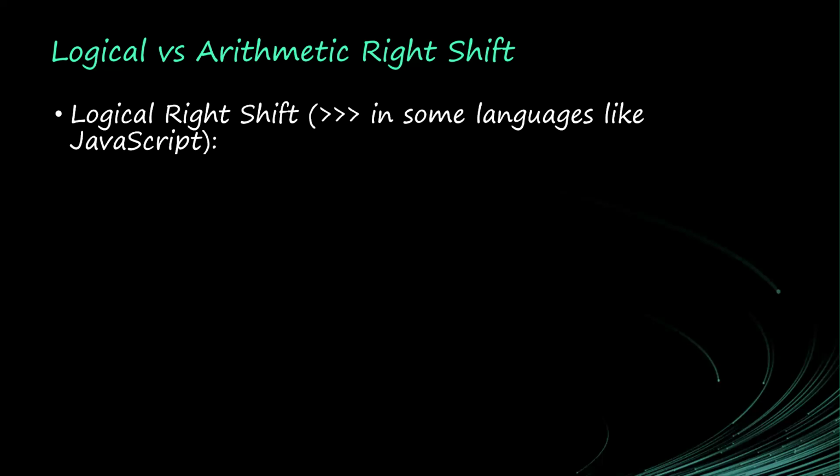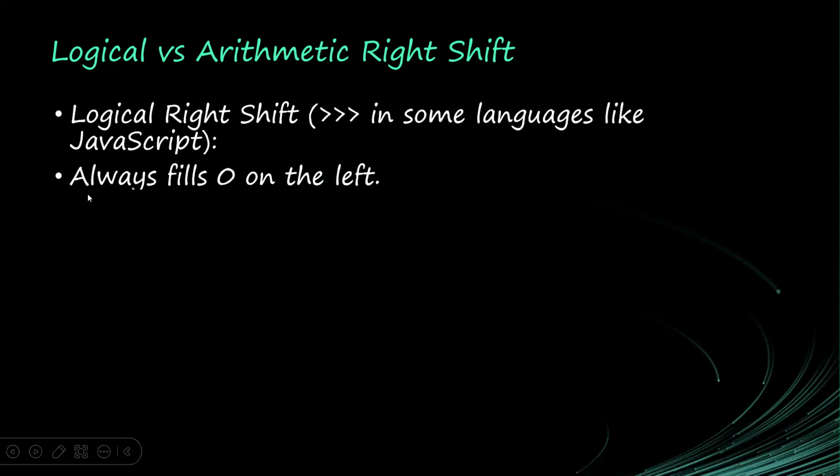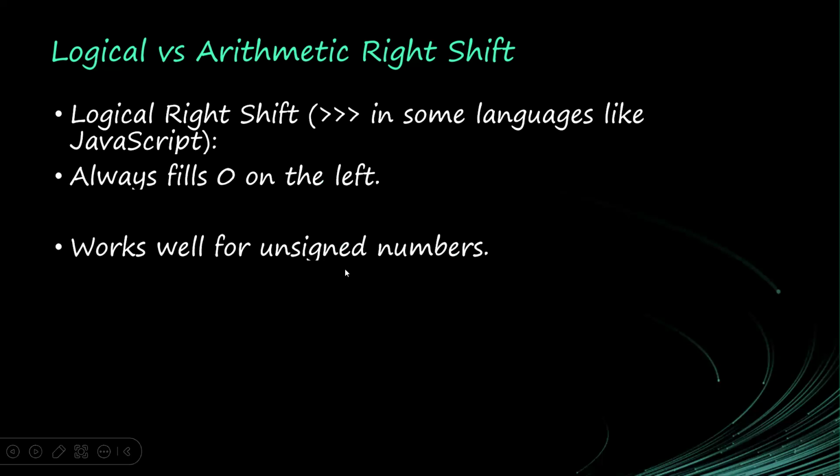Since it doesn't care, it always fills 0 on the left. It works well for unsigned numbers. So if you want to use the logical shift, always use it on unsigned numbers. Don't use it on signed numbers.